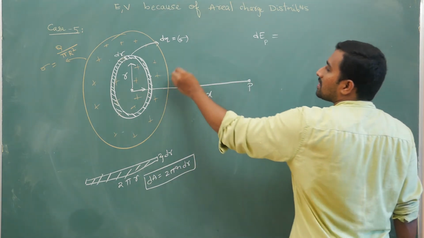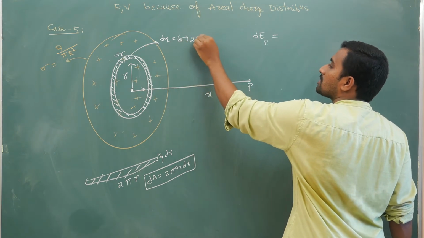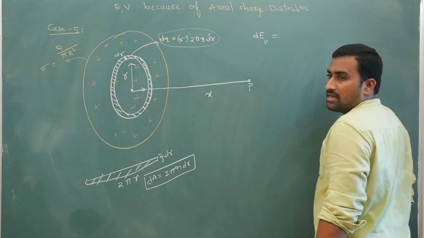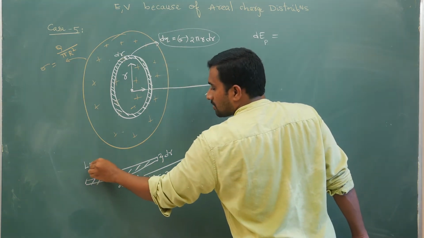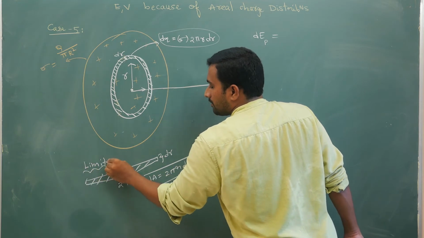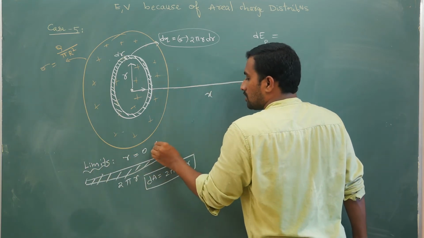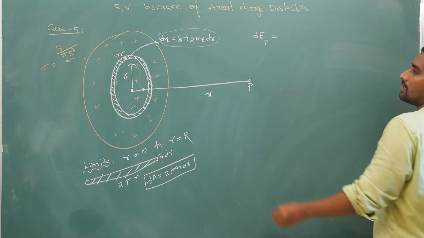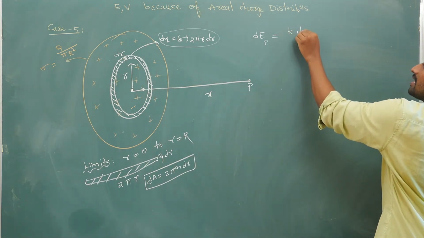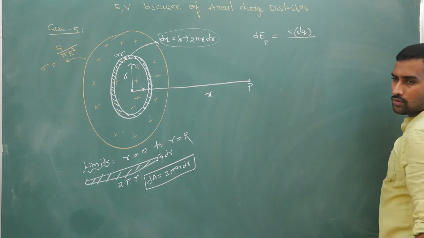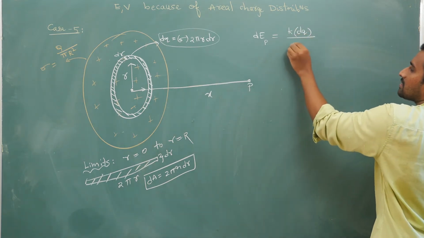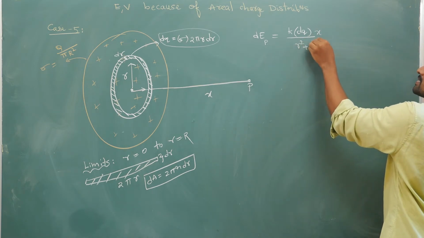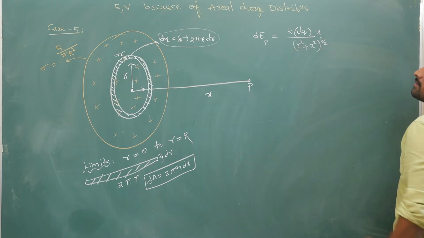So your small charge dq is sigma times 2 pi r dr, and your limits are from r equal to 0 to r equal to capital R. So here your small electric field dE_P is k times small charge dq by, just now we have seen, dq into x by small r square plus x square whole power 3 by 2.